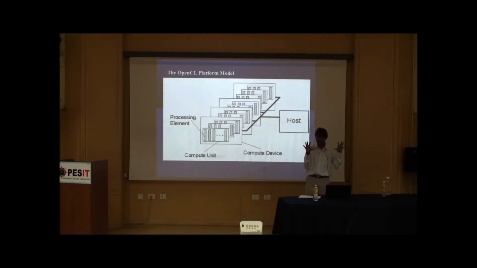OpenCL provides this set of options. It is the programmer who decides where it goes. By adding more cores, you get performance? I cannot say that unless you decide and make it happen.